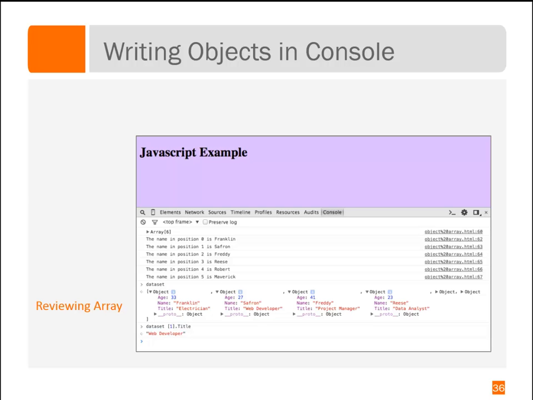And you can see we have the first object, name value pairs, second, third, fourth, etc. Okay, so let's go take a look at this piece of code to see how we're using this array of values in the console using JavaScript.